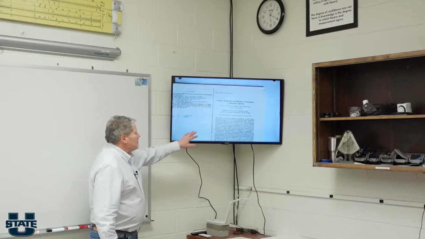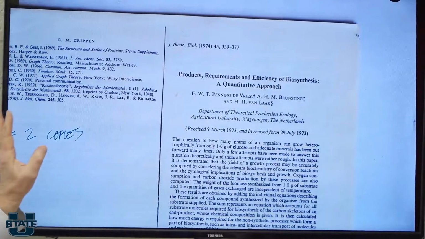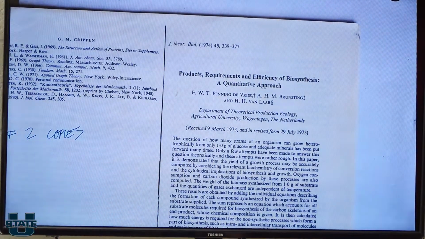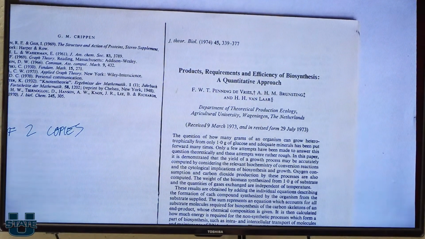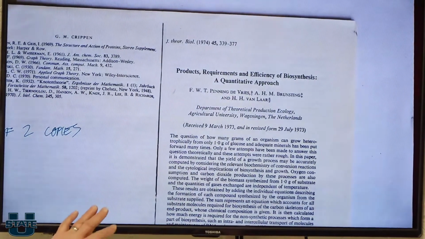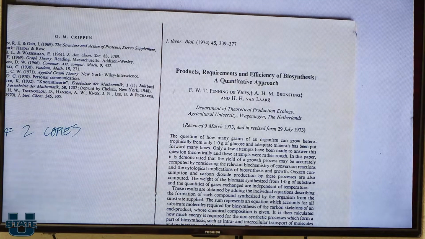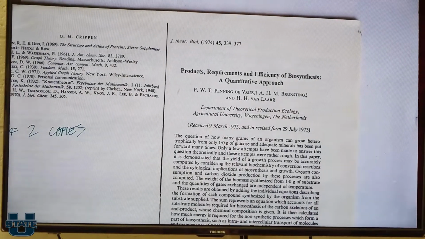This is probably, if we zoom in, you can probably see this. This is a very famous paper. It's almost a 1973 old paper. The Dutch model everything in great detail, and so Penning de Vries was a famous Dutch scientist that modeled the energy it takes to make new compounds based on how complex the compounds are.